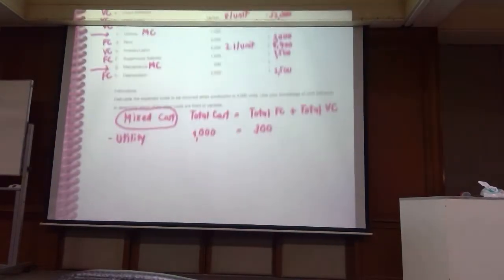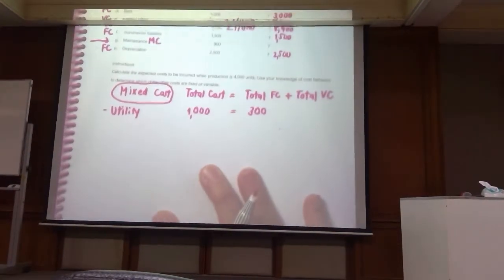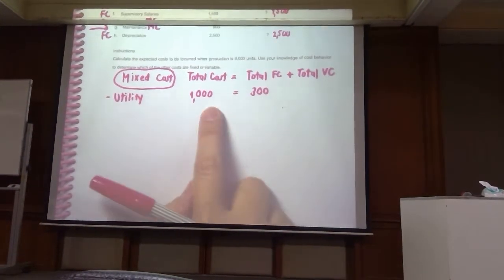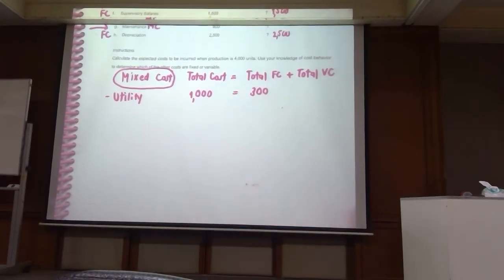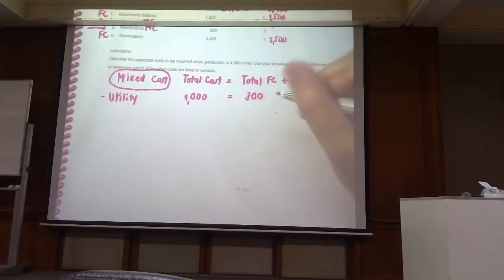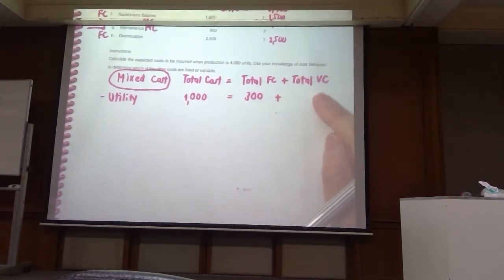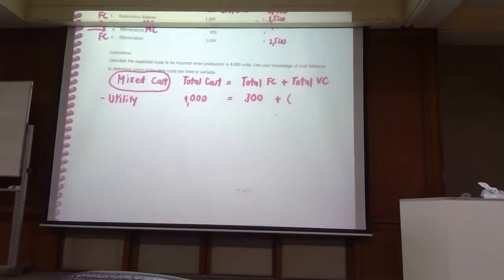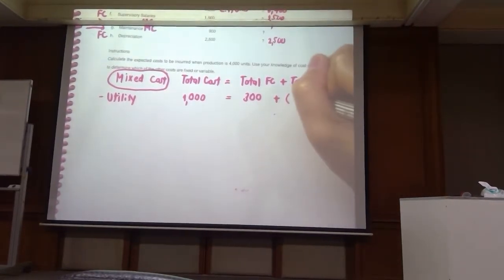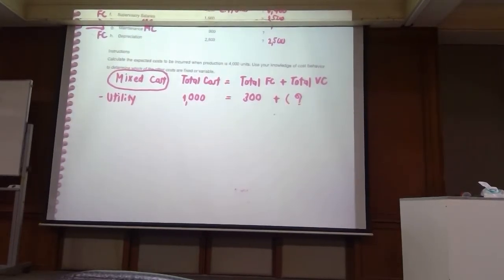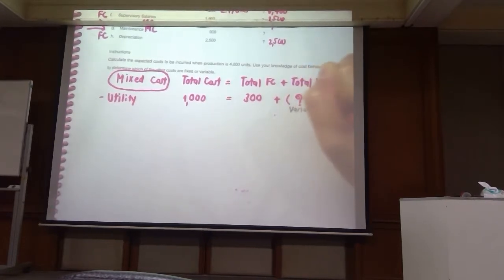So we know that for the utilities, the 1,000 here consists of 300 as the fixed portion. And how about the variable portion? See, for the variable portion, let me use a question mark to stand for the variable portion.